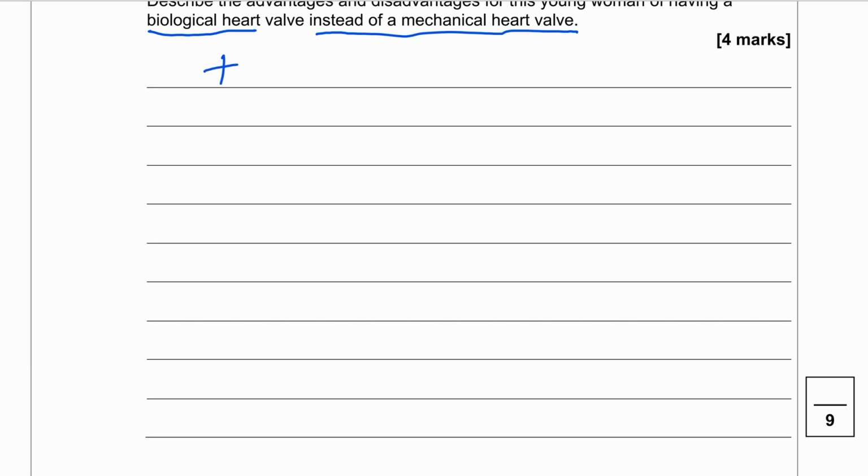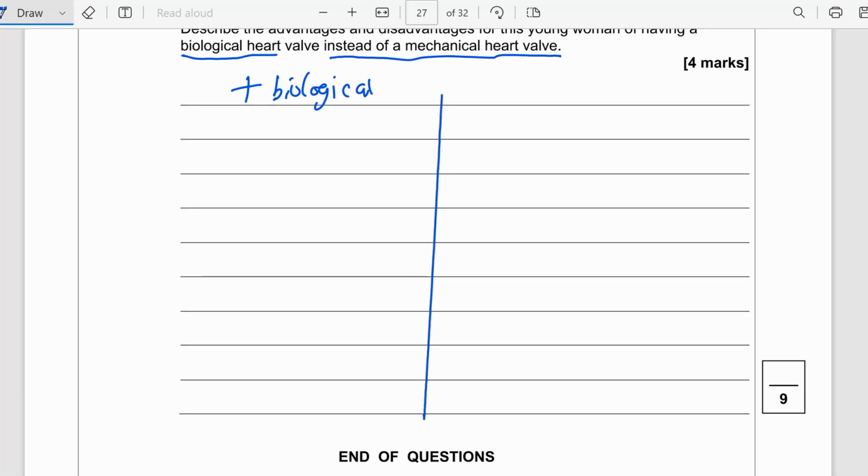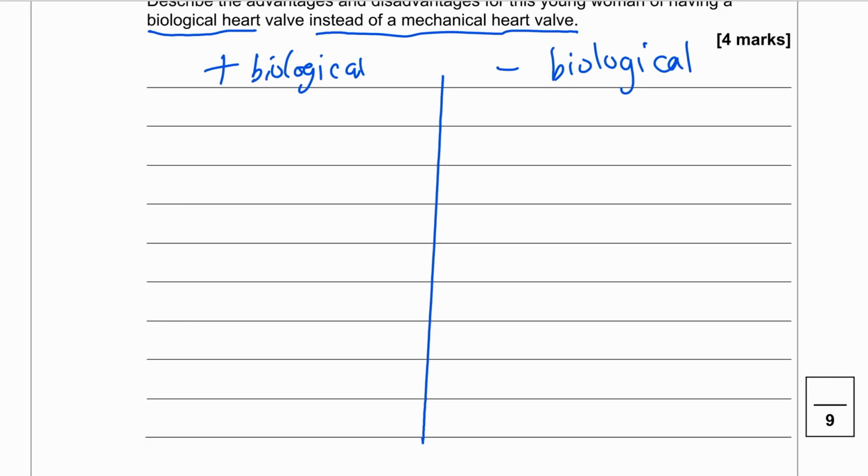So straight away we can separate our space now into the advantages or plus points for biological valve and the negative disadvantages of the biological valve. So we need to just focus our answers on those two areas specifically in order to try and get 4 marks.